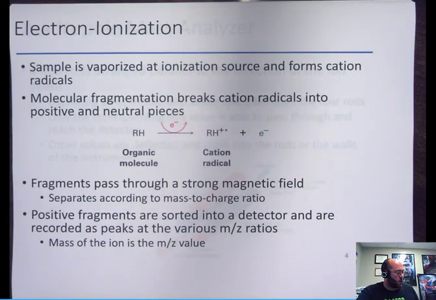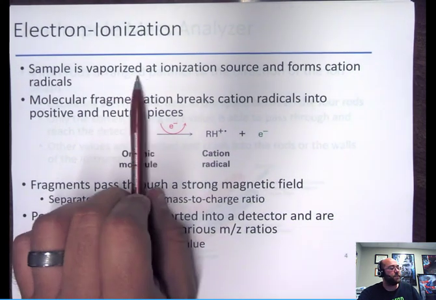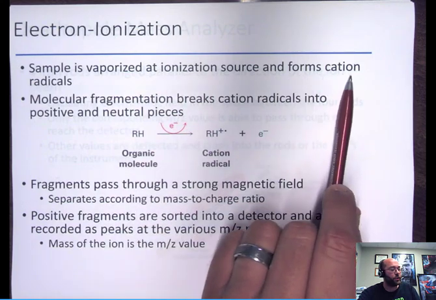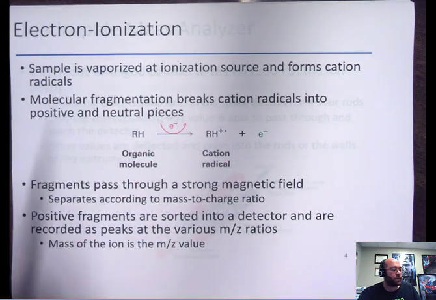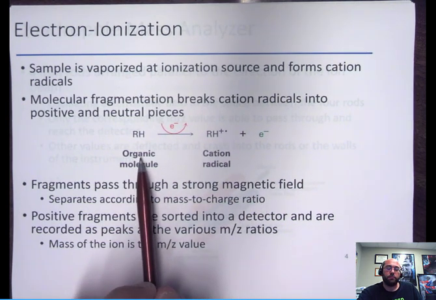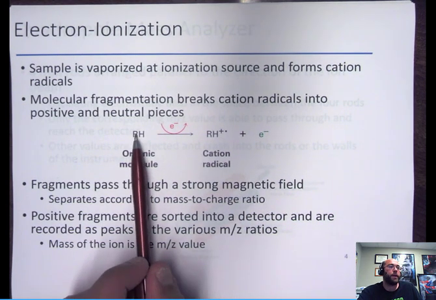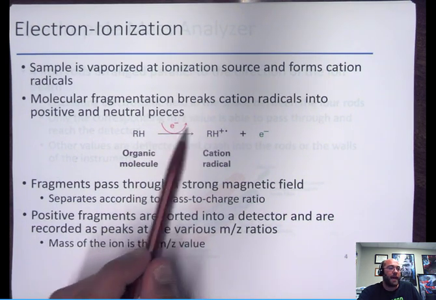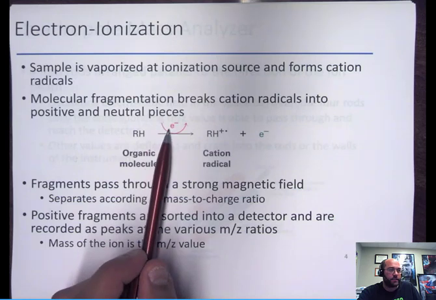All right, so just generically here, the sample is vaporized at the ionization source, and we see it turn into cationic radicals. Looking at it from a reaction standpoint, you'll have an organic molecule that gets ionized.